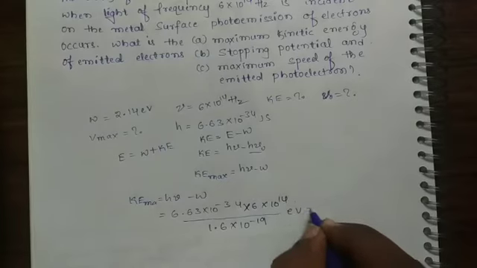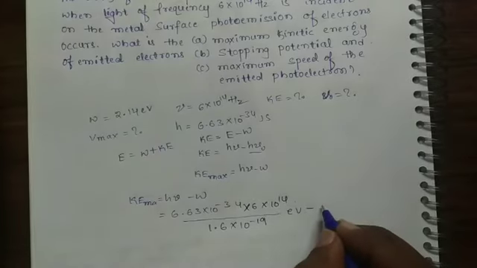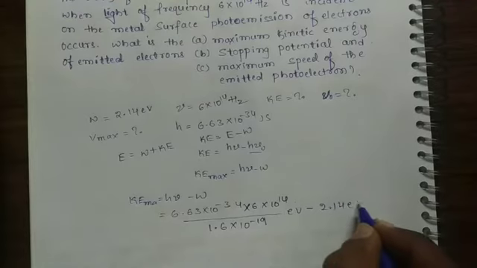electron volt, minus the work function, which is already given: 2.14 electron volt.